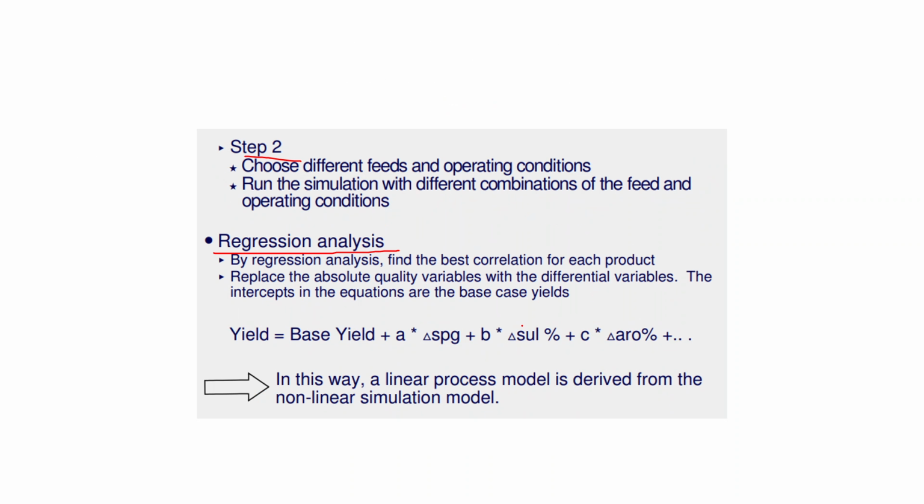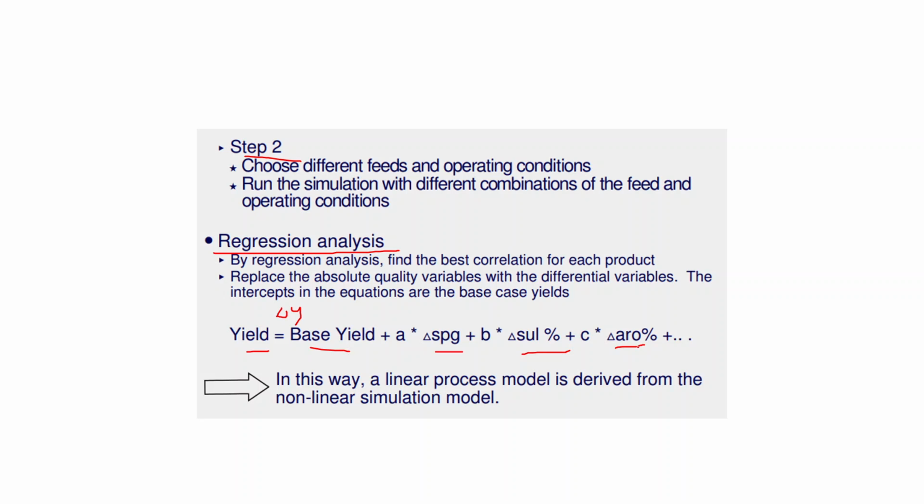And then the equation is basically this one. You have yield, you have base yield, and yield minus base yield is the delta yield, which equals the linear coefficients of specific gravity, sulfur content, aromatic content, and so on and so forth. So this example illustrates the delta yield against the feed characteristics.